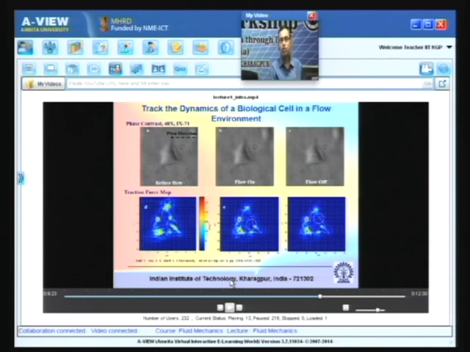Now this is known as metastasis, and one of the very important issues in healthcare sciences is, can we stop metastasis? And if we can stop metastasis, a large number of deaths due to cancer can be arrested. So we have to understand how a cancer cell can pass through different blood vessels during the metastasis condition, and it is very interesting that actually under the stressful condition, because the dimension of the microcapillaries is very small, the cancer cell has to really survive a highly stressful condition as it is getting transported.